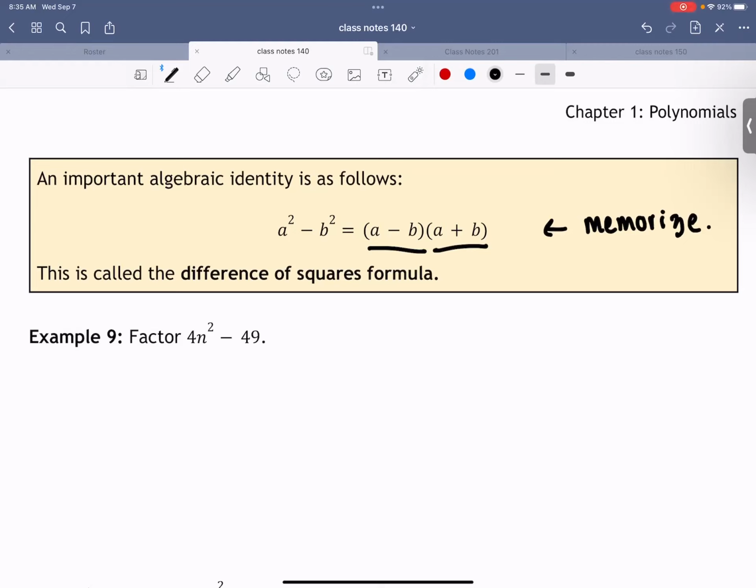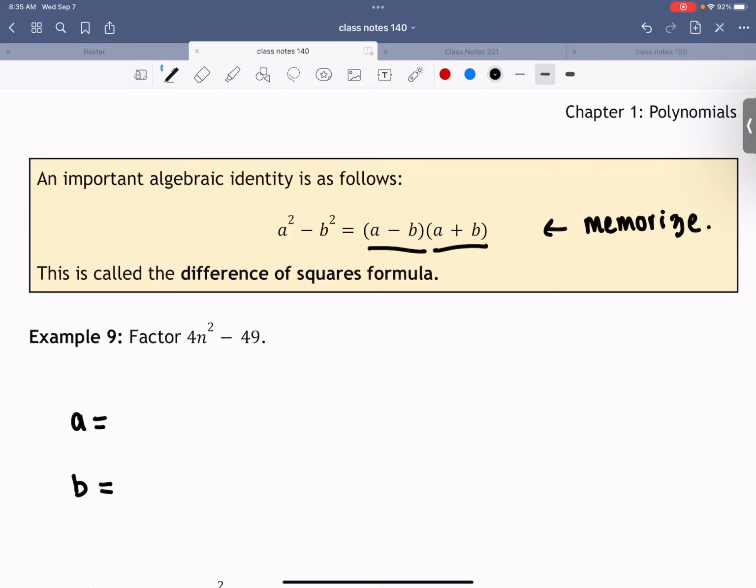Okay, so we have 4n squared minus 49. Doesn't really look like something squared minus another thing squared yet, okay? So with the difference of squares formula, we've got an A and we've got a B. Anyone want to tell me what B is? It's not quite 49, because B is the thing that's squared to get to 49.